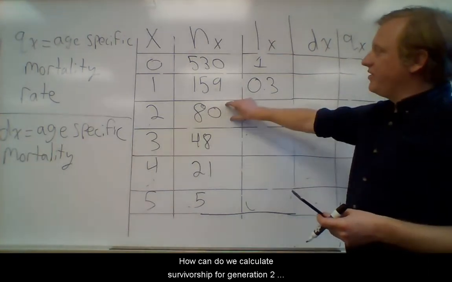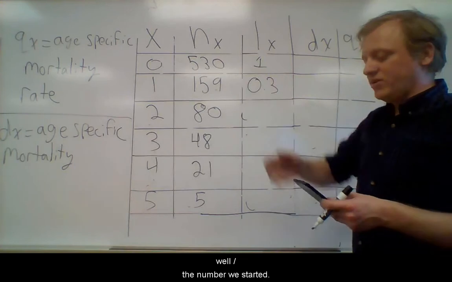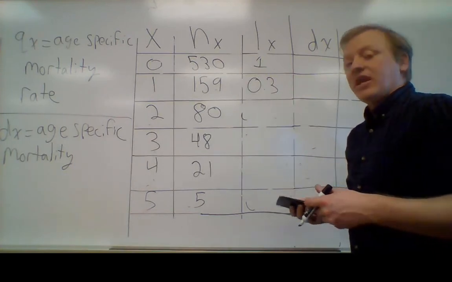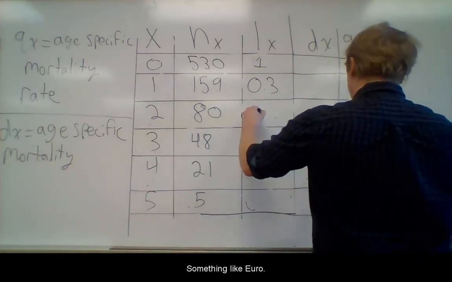So how then do we calculate survivorship for generation 2? Well, it's the number we have alive divided by the number we started with, which is 80 divided by 530, which gets us to something like 0.15.